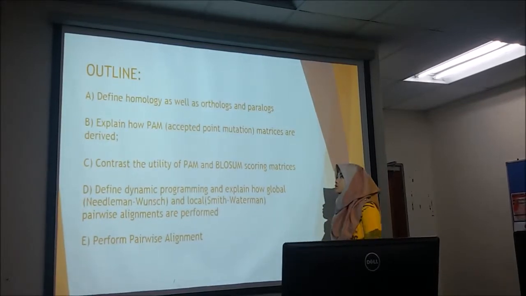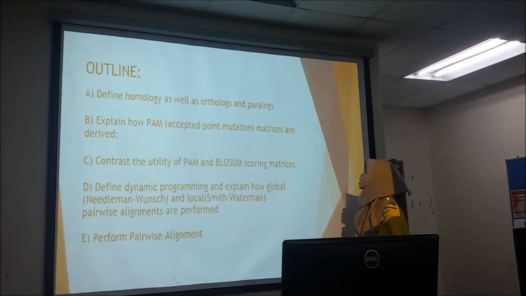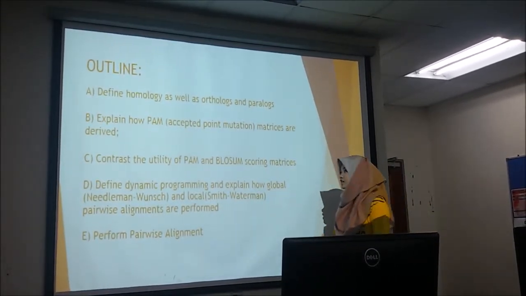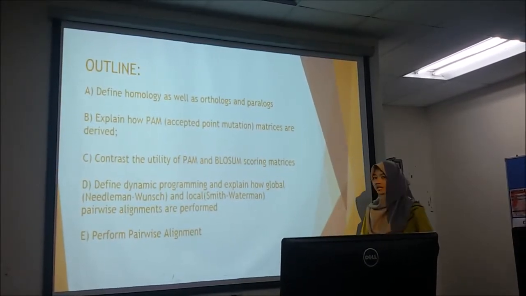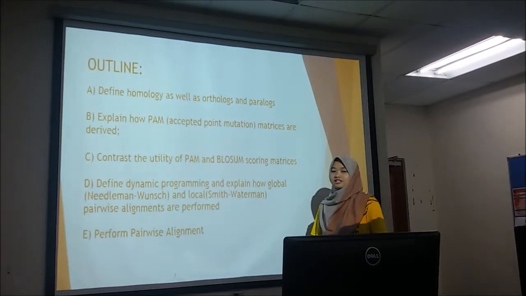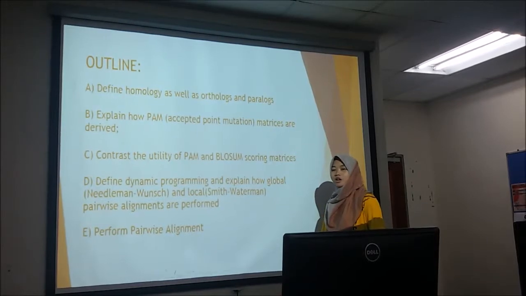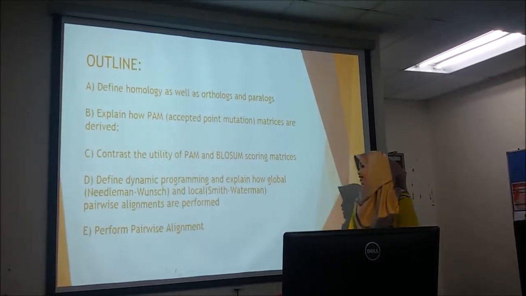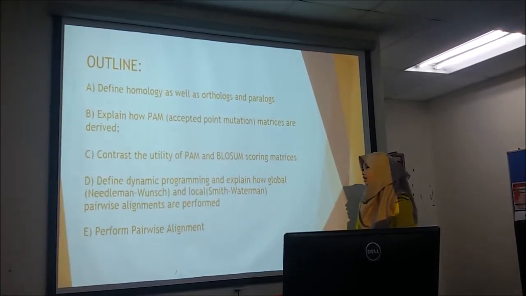Then we will explain PAM, accepted point mutation matrices, and next we will contrast the utility of PAM and BLOSUM scoring matrices, and then we will define dynamic programming and explain how global Needleman-Wunsch and local Smith-Waterman pairwise alignments are performed, and lastly we will go on to how to perform pairwise alignment.